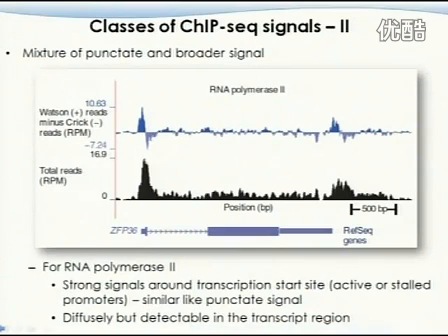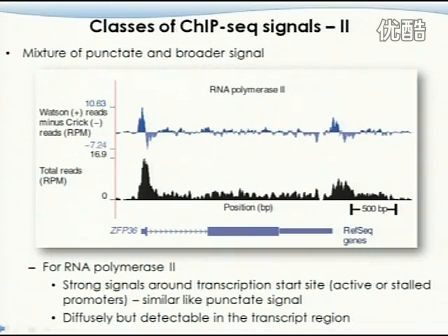Right. And the second class of ChIP-seq signal is a mixture of punctate and broader signals. So you can see that this is one gene here, and the classical example will be RNA polymerase. This is the transcription starting site. Around the transcription starting site, you'll see one peak on the positive strand and another peak on the negative strand, and they are shifted a little bit. And after that, there will be a weaker but broader region of enriched signals.